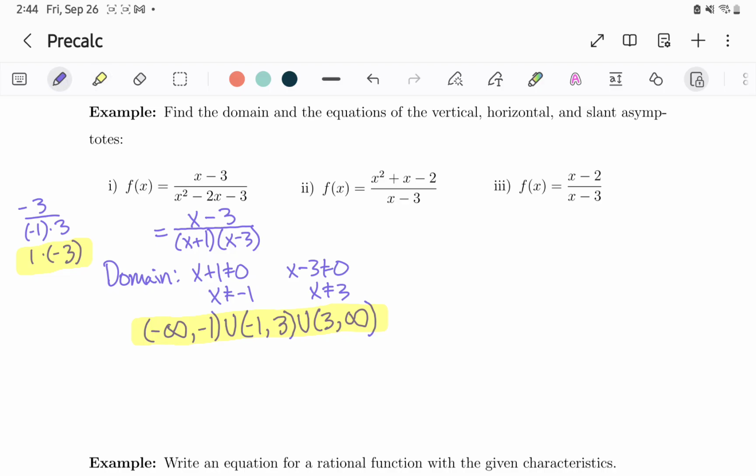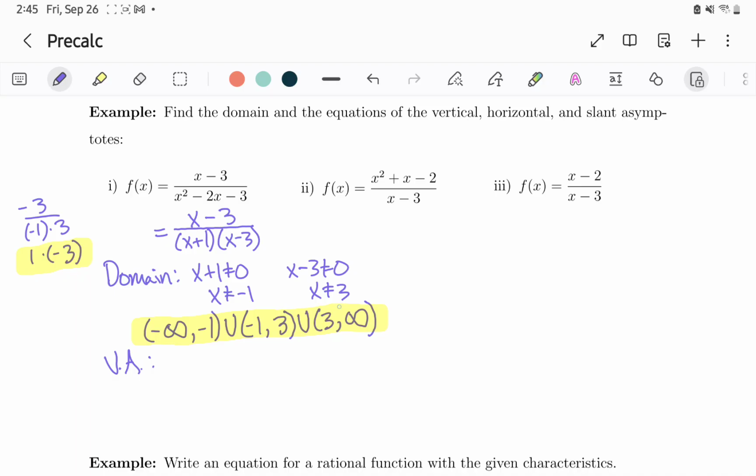Okay, and then vertical asymptotes. Since we have a common factor of x minus 3 in both the numerator and the denominator, x equals 3 is going to correspond to a removable discontinuity. So there's going to be a hole in the graph of f of x at x equals 3 because we have a removable discontinuity there.